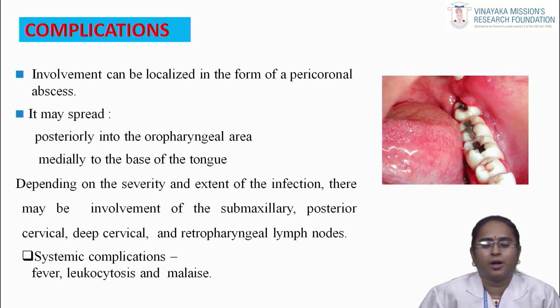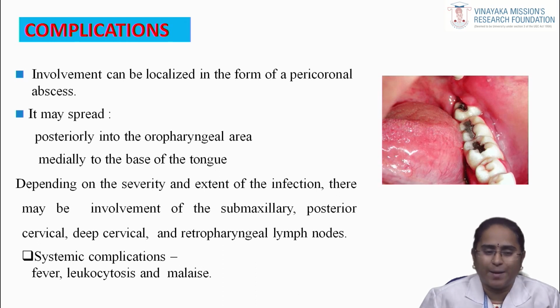And coming to the complications, involvement can be localized in the form of pericoronal abscess. Whenever there is an inflamed gingiva, sometimes it will lead to a pericoronal abscess. Sometimes it may spread posteriorly into the oropharyngeal area or medially to the base of the tongue.